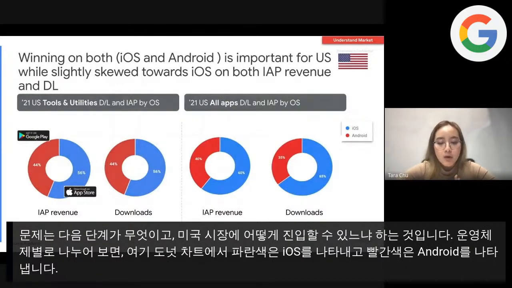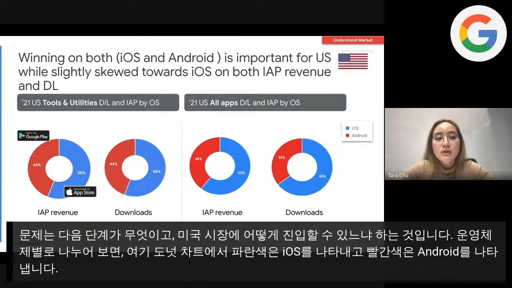So definitely, I'm also looking at what are the operating systems that can be suitable potentially for your app portfolio. What is already working well that you can also export further to US. From the donut chart here, the blue side is representing App Store from Apple, and the red side is representing Google Play, which is Android.